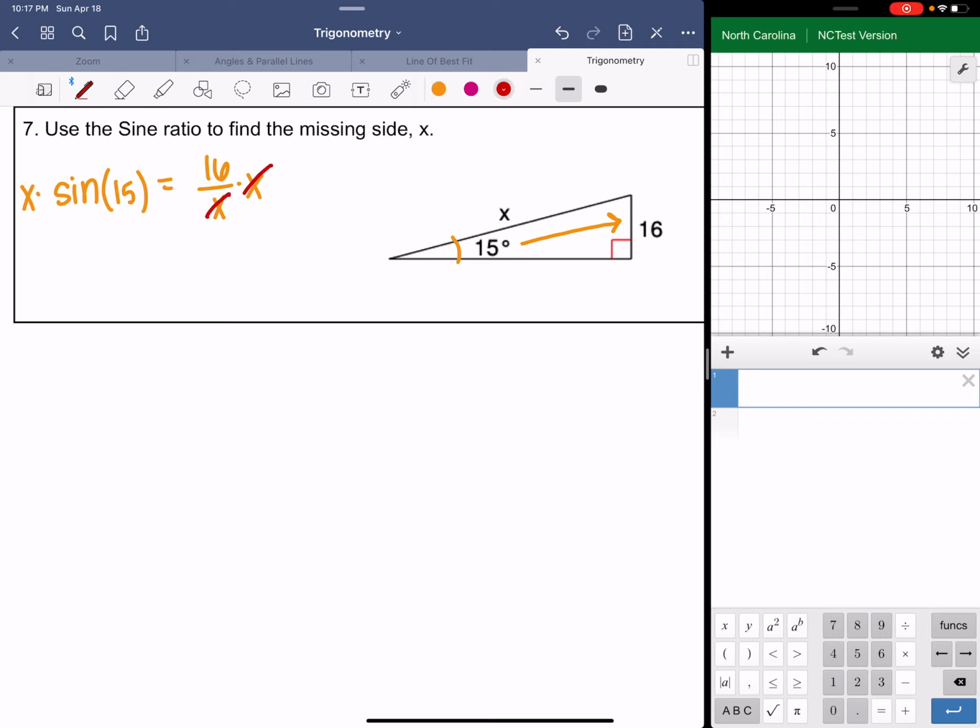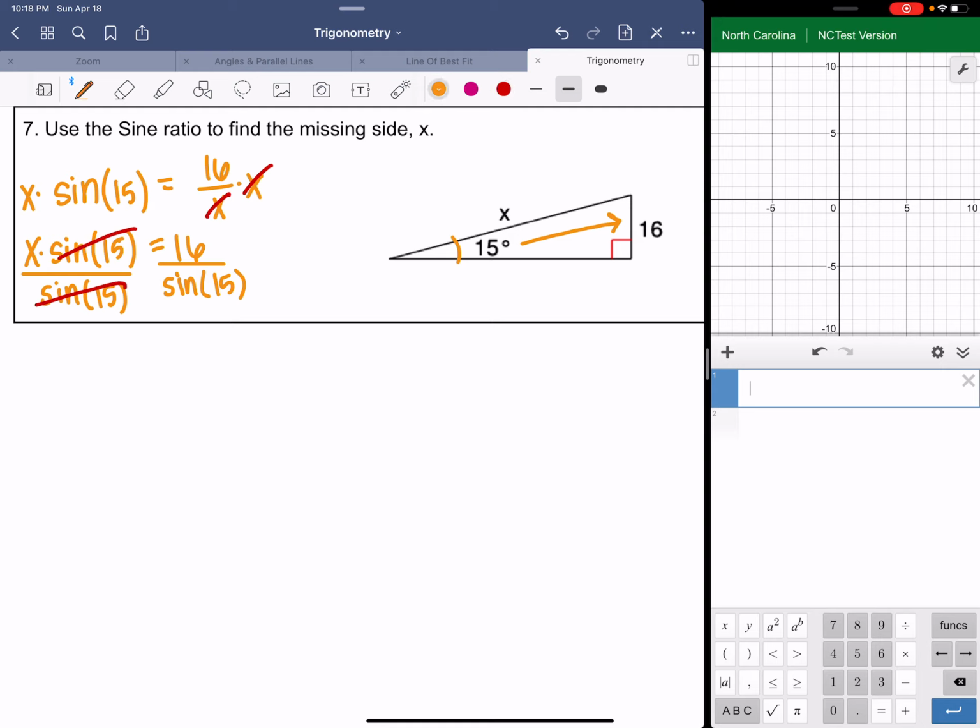They'll cancel on the right. So x times sine of 15 equals 16. And we're going to divide by sine of 15 on each side. Okay, sine 15 over sine 15 is equal to 1, so that can be crossed out.